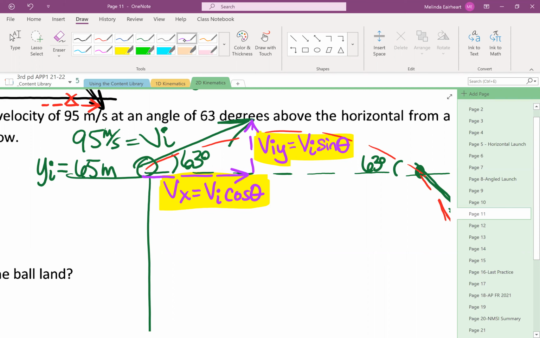So now let's plug in some numbers. So Vx is going to be 95 meters per second, cosine 63. Again, got to be in degree mode. Punch it in. Let me know what you get. What do we get?